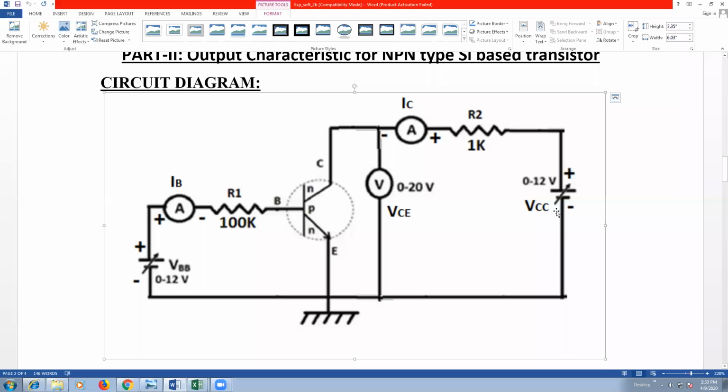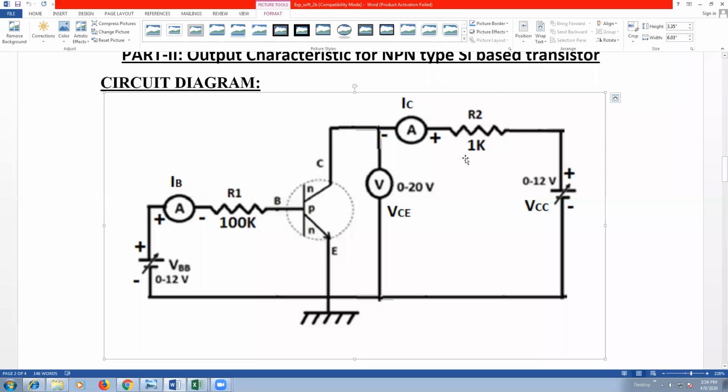Then we have to make the output loop. It starts from the positive terminal of the other power supply, the variable power supply denoted by VCC. One more thing to mention here: for the R2 resistor, please rectify it.